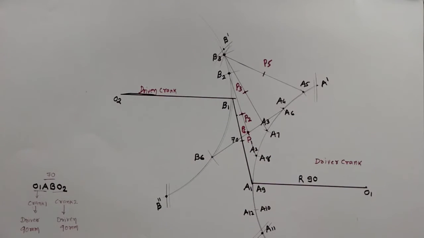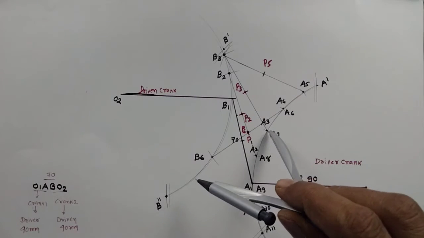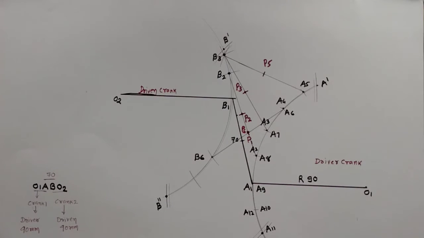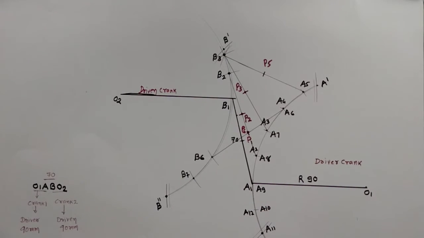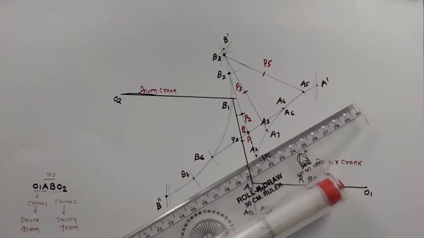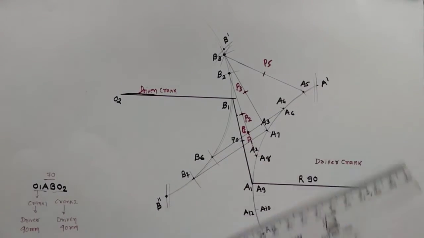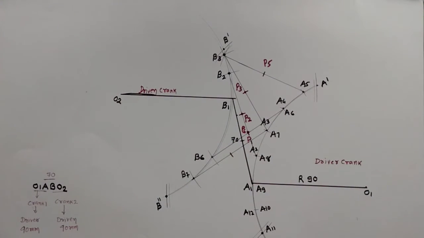Now similarly, you can choose your A7, draw the arc in the downward direction. This is your B7 point. Join your B7, A7 with a light line. And choose the midpoint. This is your P7.